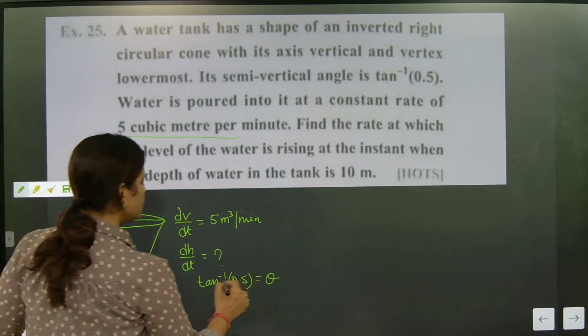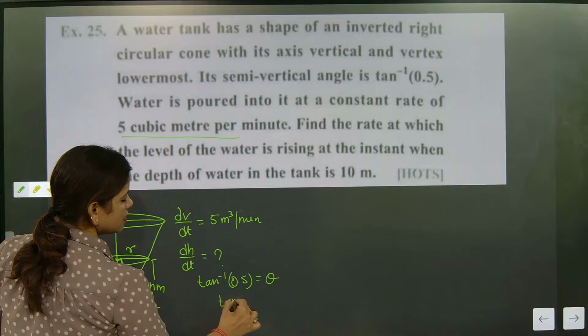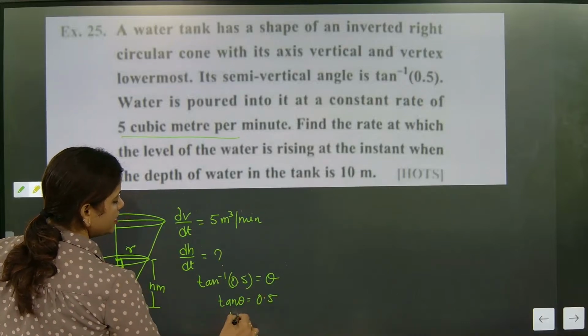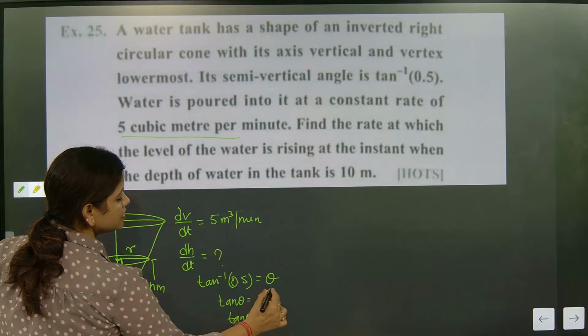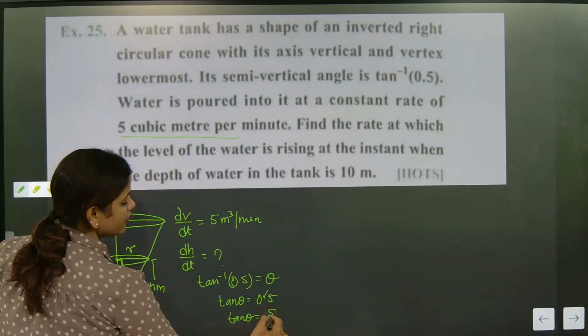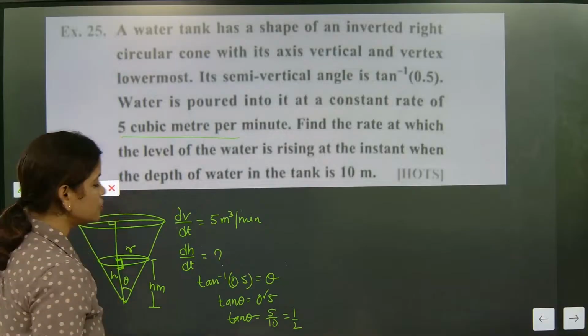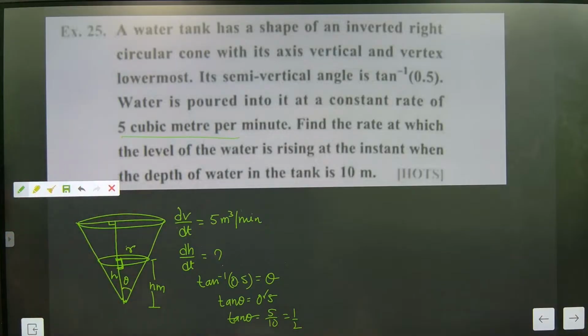Understood? So we will do tan theta is equal to 0.5. The decimal will cut, it becomes 5 by 10, that is 1 by 2. So tan theta is equal to 1 by 2. When I am taking this tan theta, this one will become radius and this one will become height.